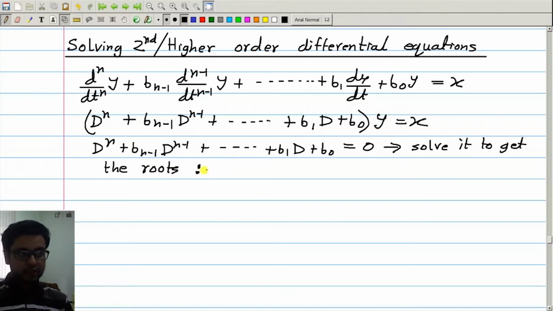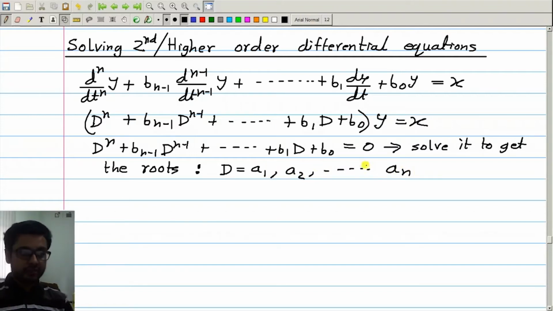Say the roots are D equal to a1, a2, up to an.